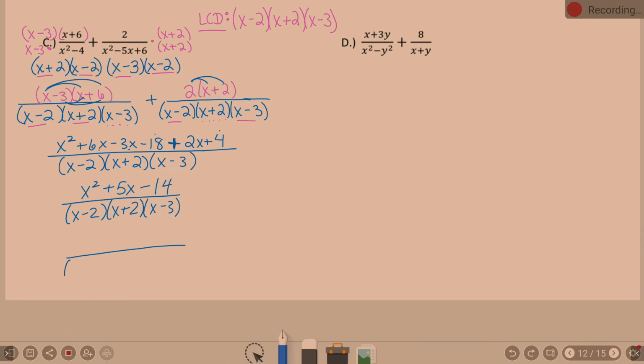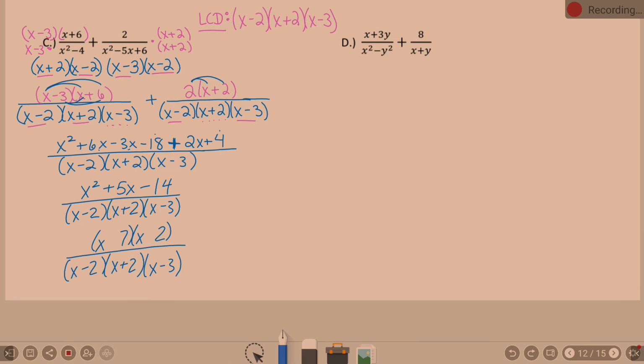Denominator stays: x minus 2, x plus 2, and x minus 3. That numerator looks like it should factor, and it does. So, x squared, x and x. Multiplying to be 14 is 7 and 2. If they multiply to be negative, I need opposite signs.